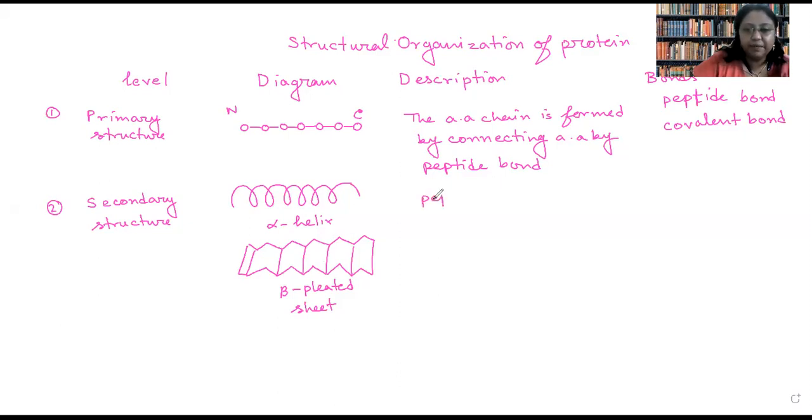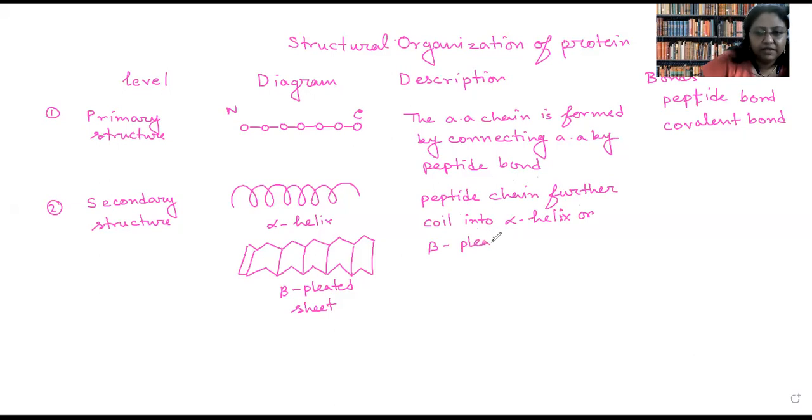We can say the peptide chain further coils into alpha helix or beta pleated sheet.